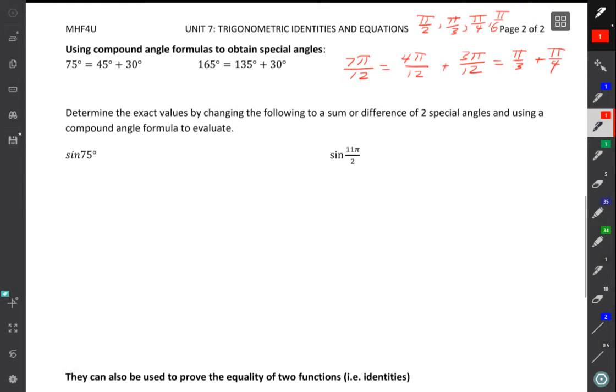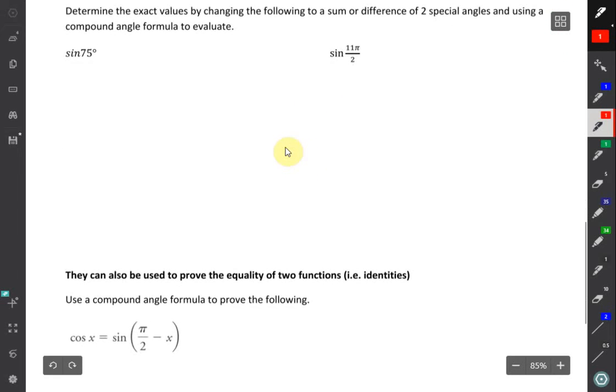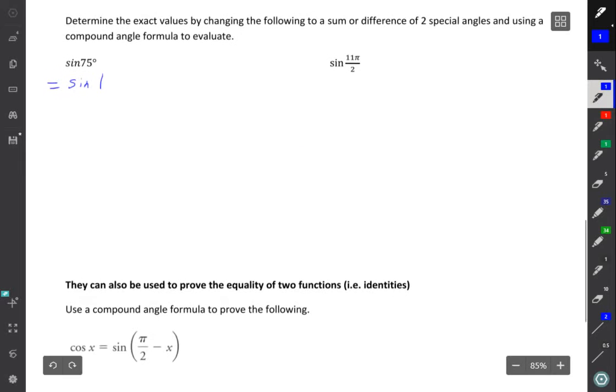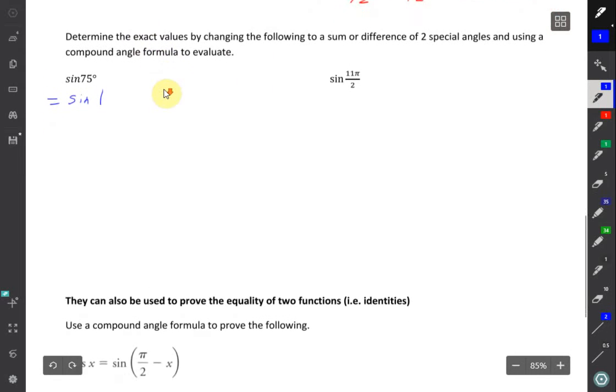So coming down here to these two examples, we just saw in the example above that the sine of 75 can be written as the sine of 45 and 30, which are special angles.